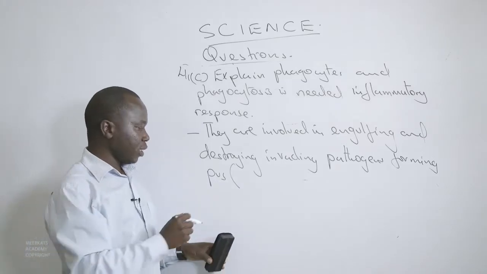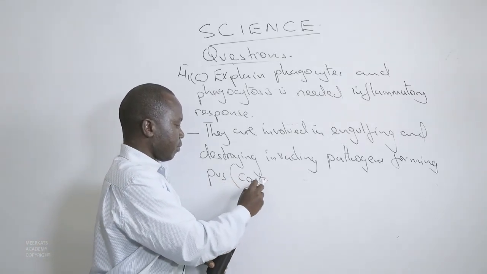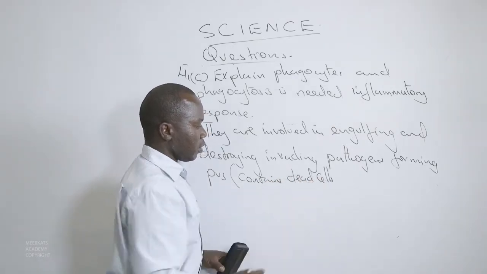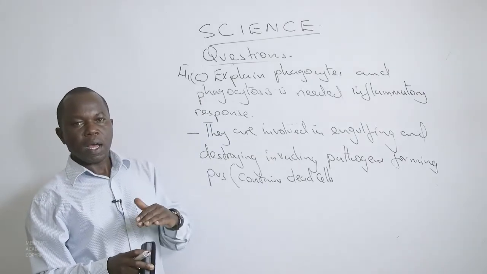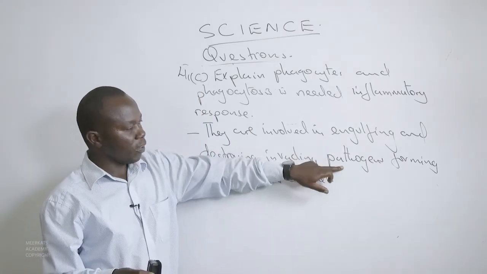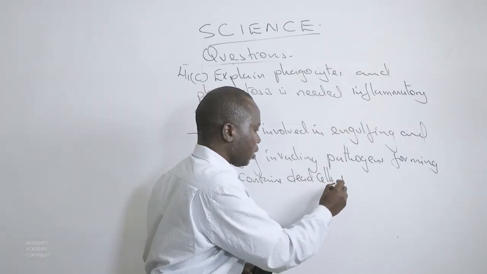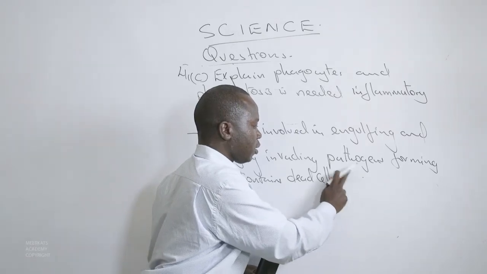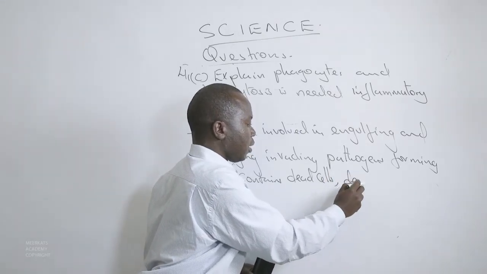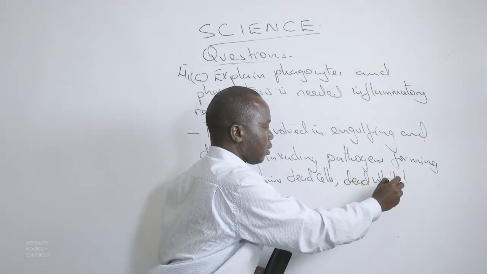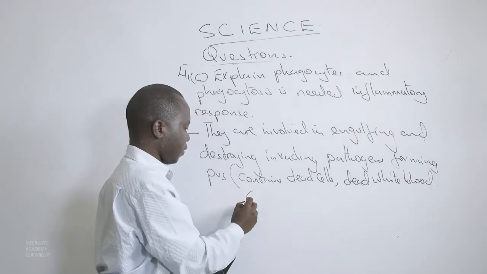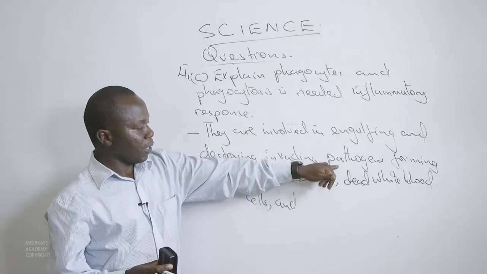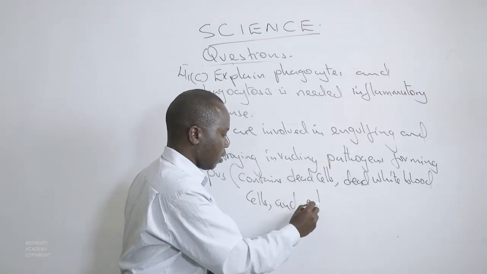This pus, we have said, contains dead cells. We had cells that were destroyed due to the effect of pathogens, dead cells, damaged or destroyed white blood cells, dead white blood cells, and together with those, the dead pathogens.